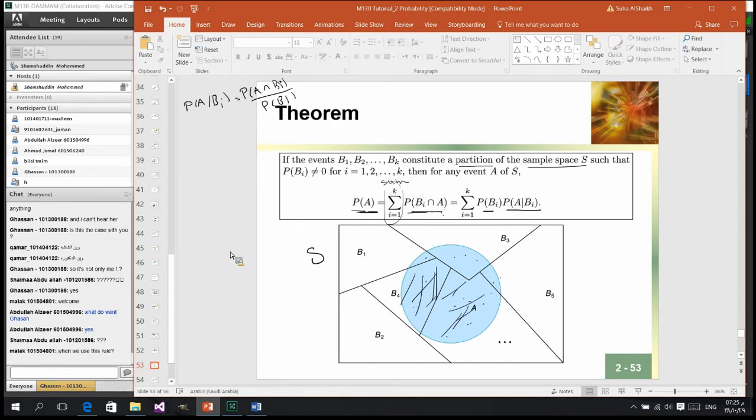So we can say that you will see the next example, we will use this rule. This equal to the sum of Bi, then A under the condition of Bi.